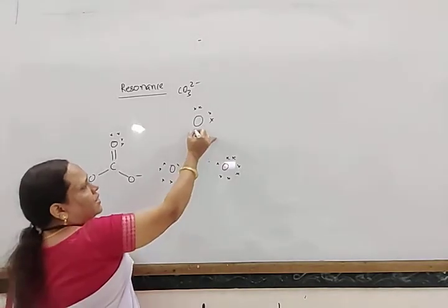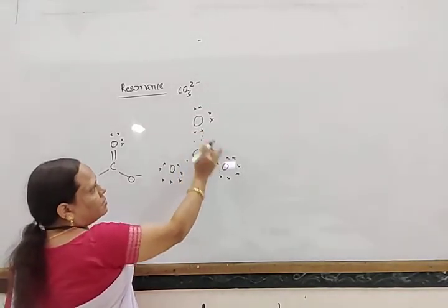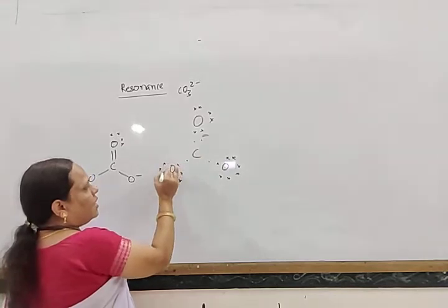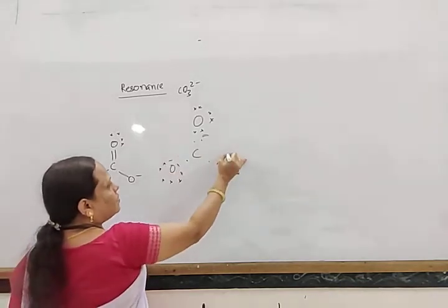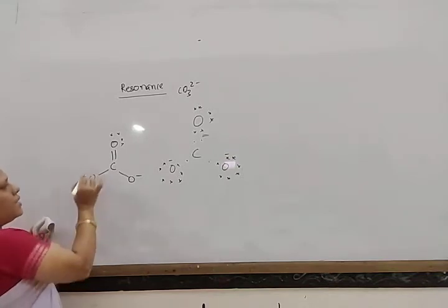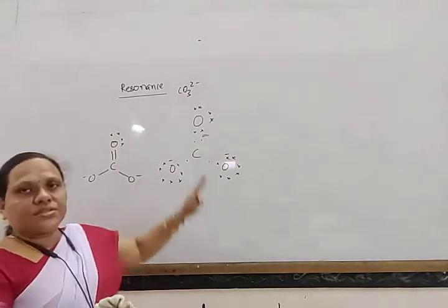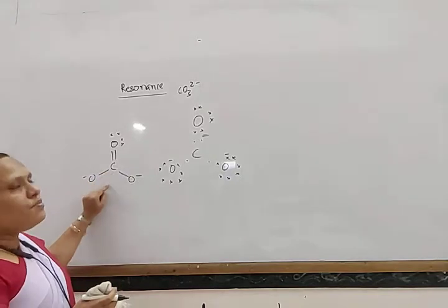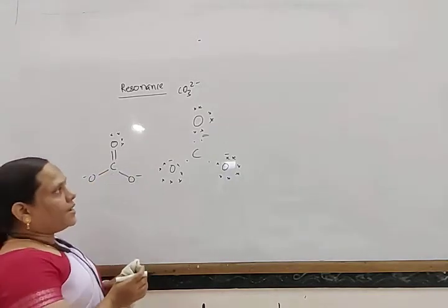So in this way it forms a bond, and this is the O minus. So this is O minus and O minus. This is the Lewis structure of carbonate ion, and this is the bond line structure of carbonate ion.